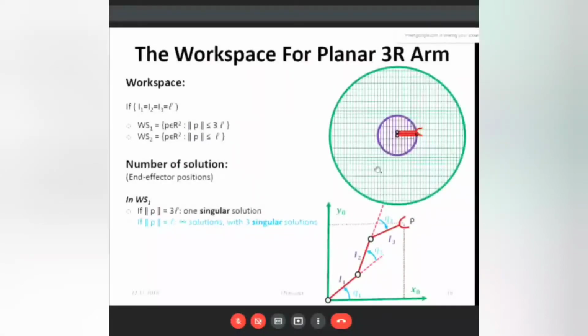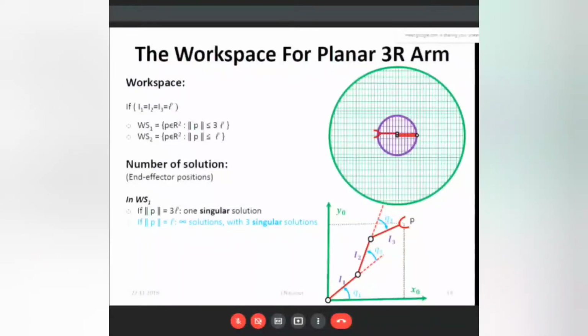Okay, why 3 singular points? Because one will be here, another will be here too. One will be here folded, another will be here. So one joint is here, another joint is here, and this is the global one. You can see here this is the first singular point, the second singular point, the third singular point.